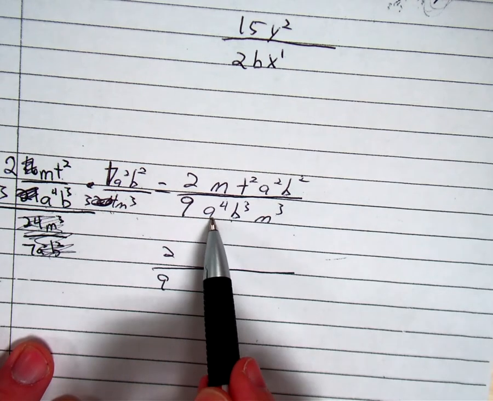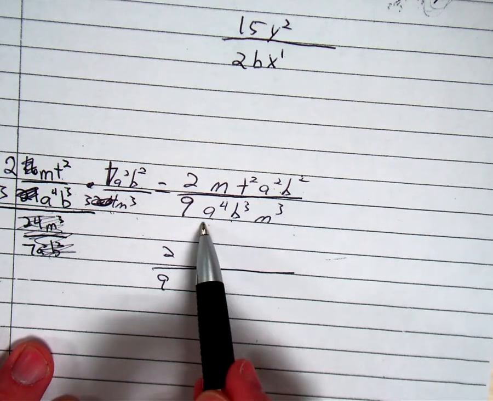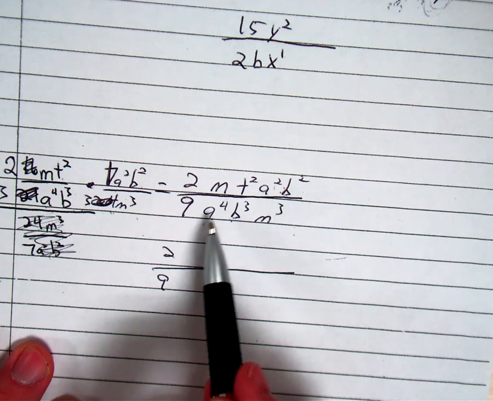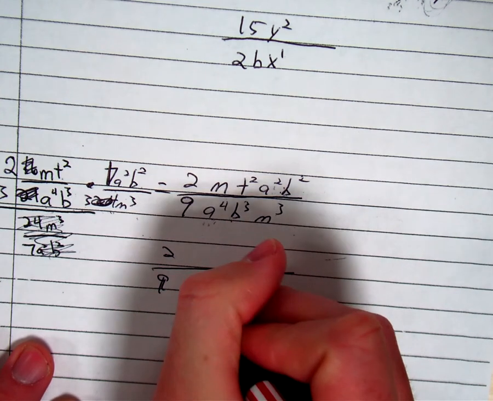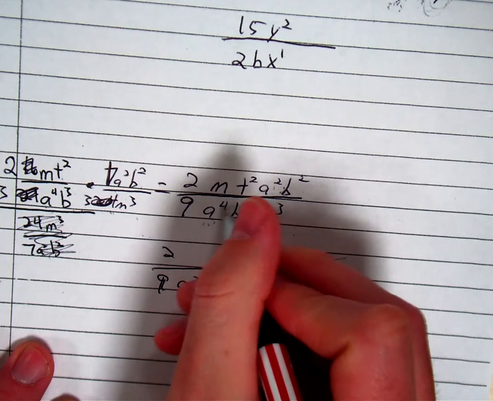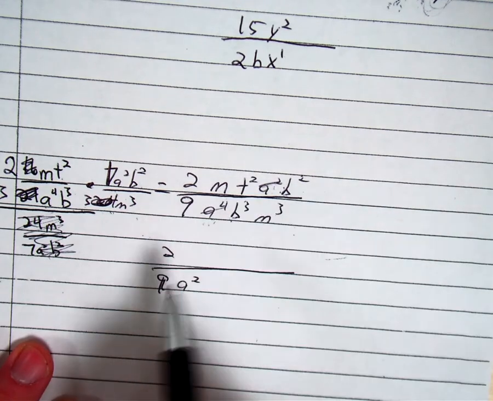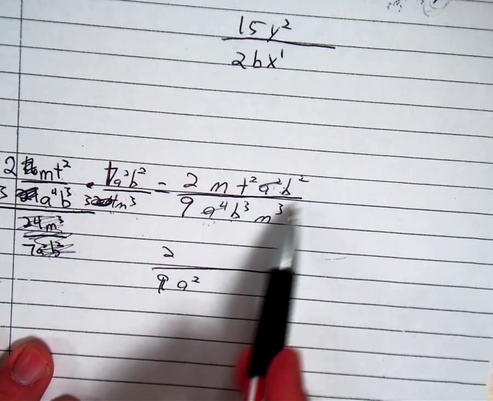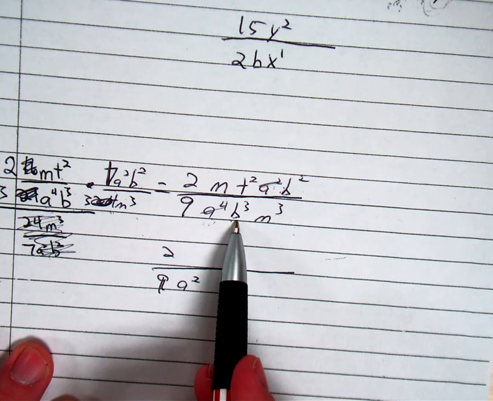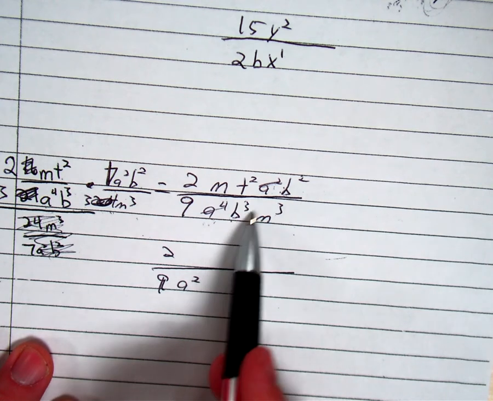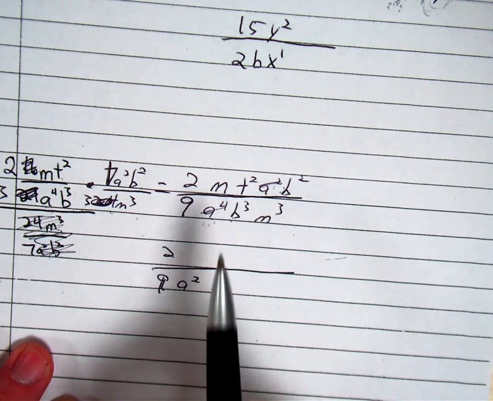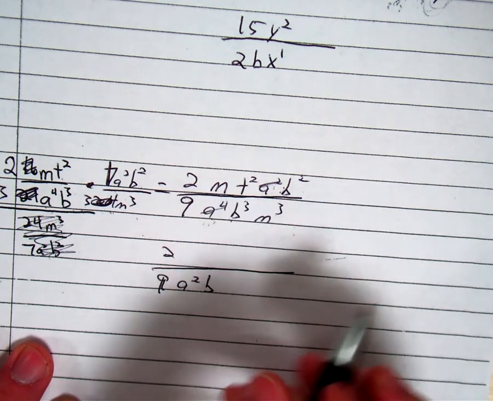Okay, look at my A's. A is bigger on the bottom. 4 on the bottom, 2 on the top. 4 minus 2 is going to be A squared on the bottom. Okay, what else do I have here? Let's go B's. I have B to the third on the bottom, B squared on top. Bottom is bigger. 3 minus 2 is going to be B to the first on the bottom, because that's where the bigger one was.